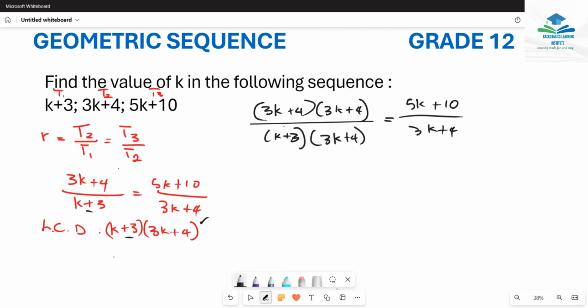Remember, you already have 3k plus 4 as your denominator, so you are going to multiply by k plus 3, and similarly in your denominator you also multiply with k plus 3. Basically, that is what you are going to do.